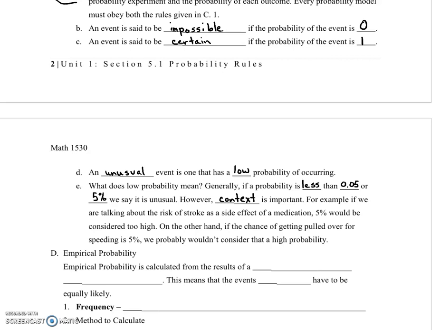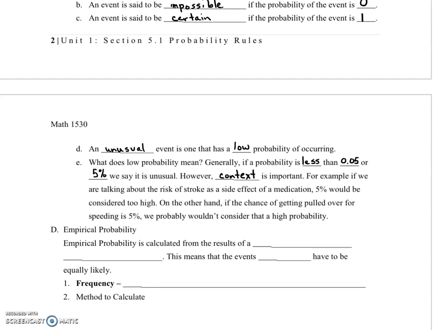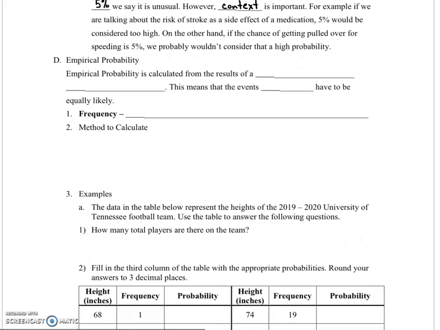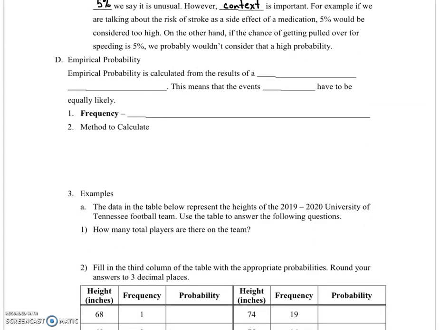So let's talk about the different types of probability. One of the types of probability is empirical probability. Those are calculated from the results of probability experiments. So, for instance, when you played rock, paper, scissors, that was a probability experiment.